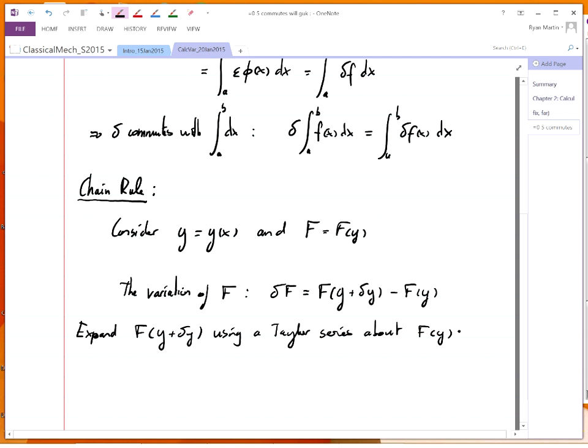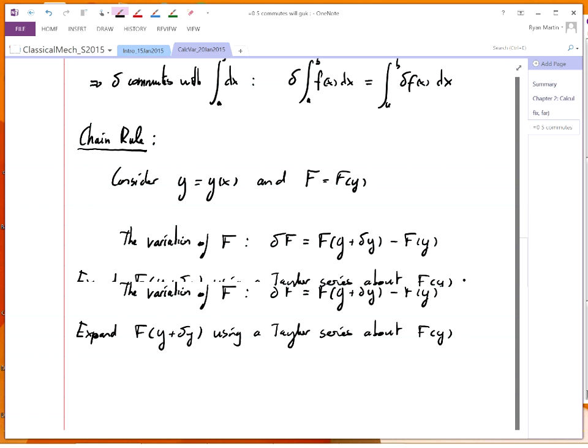Remember, delta y is going to be small. Delta y in general is that epsilon phi of x. In all this calculus, of course, we only consider when variations or differential changes are very small.